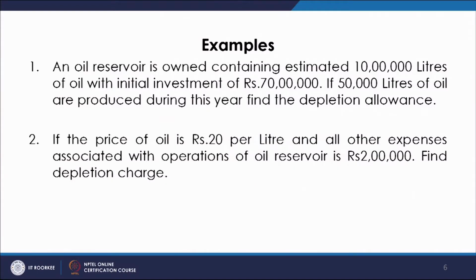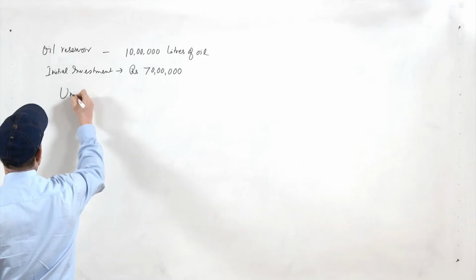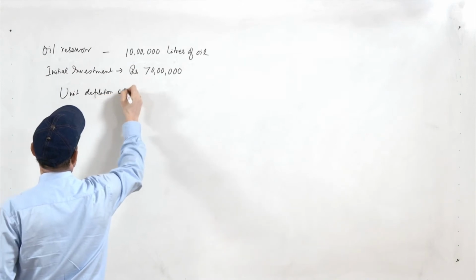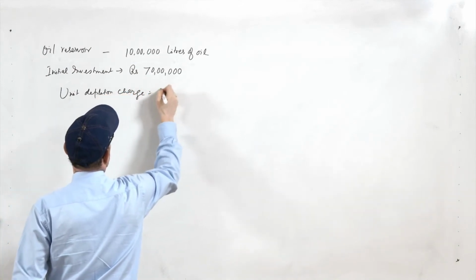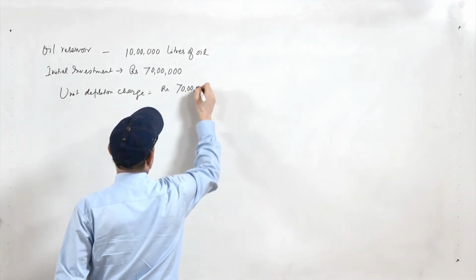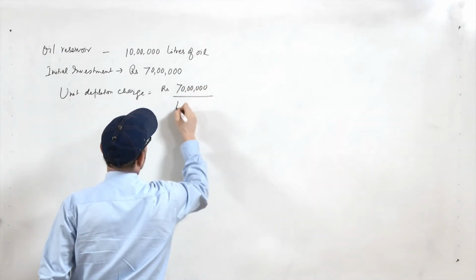Now, in this case the unit depletion charge will be rupees 7 per liter. So, the unit depletion charge will be 70 lakhs by 10 lakh liters of oil.